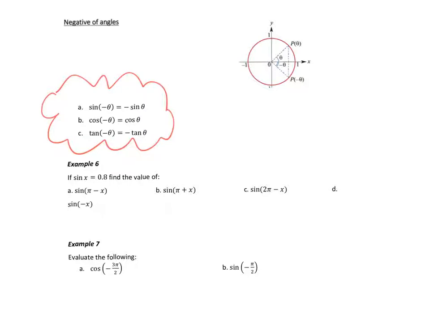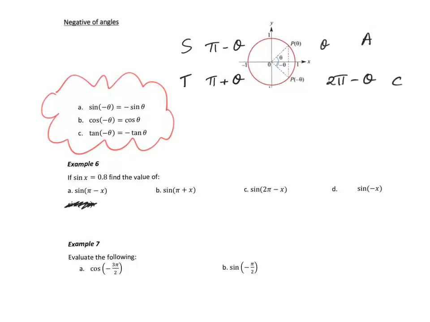Again, it all relates back to that angle in the first quadrant. Let's have a go at some of these questions with regards to symmetry. So just remember, theta, pi minus theta, pi plus theta, 2 pi minus theta. So All Sing the Chorus.